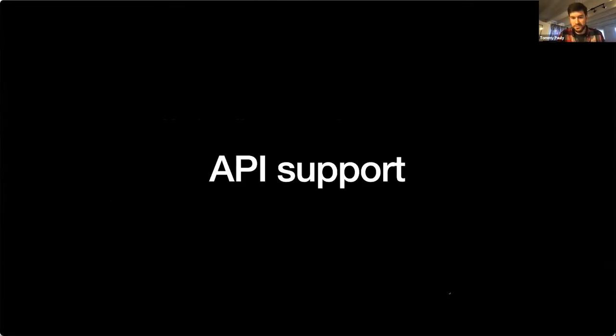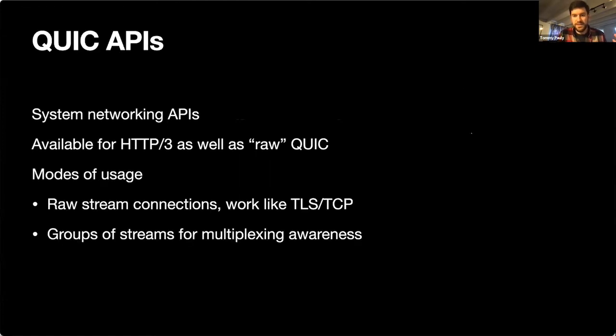All right, so first, we think it was important to look at APIs. And to make QUIC as accessible as possible, we believe it is important to make this a system-level networking API that's available as part of the standard HTTP APIs. On our platforms, it's called URLSession.